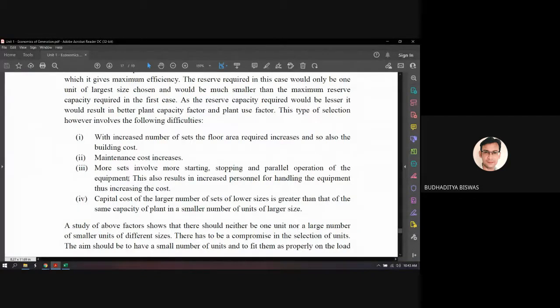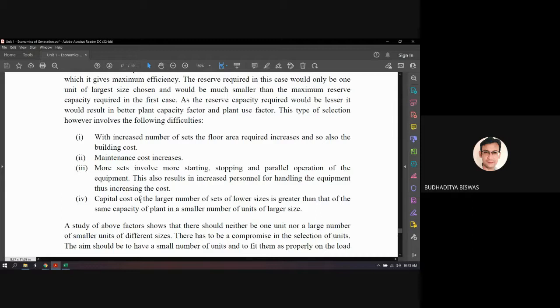So that means for parallel operation, the starting, stopping, all these things need to be synchronized. So what will be the problem then? This also results in increased personnel for handling the equipment, thus increasing the cost. So obviously it should not be automatic. Some personnel must be there for maintaining all these kinds of synchronization. And as the number of personnel increases, the cost also increases.